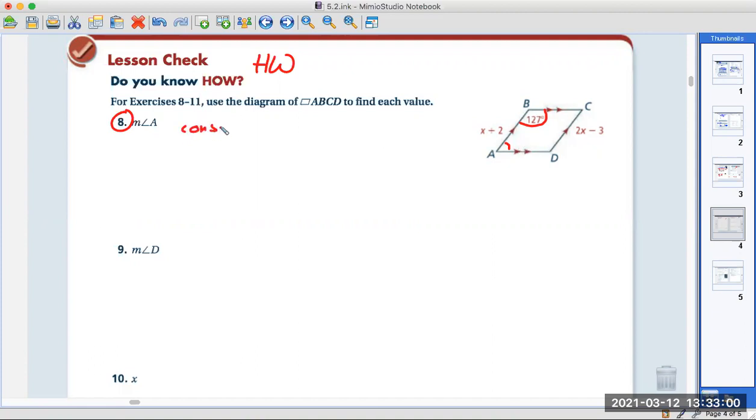Consecutive angles are supplementary. Look up what the word means. I wrote it down for you in the notes. Okay, so then you can find that. And you can find D because opposite angles are equal.